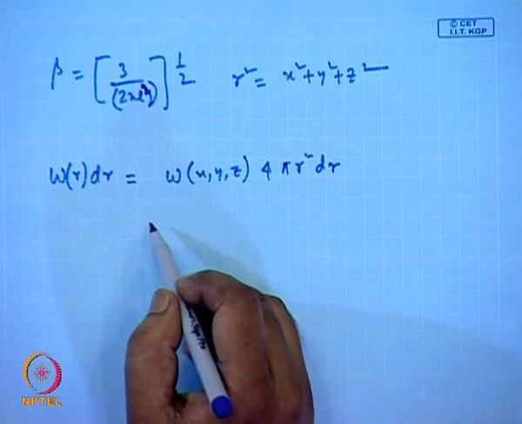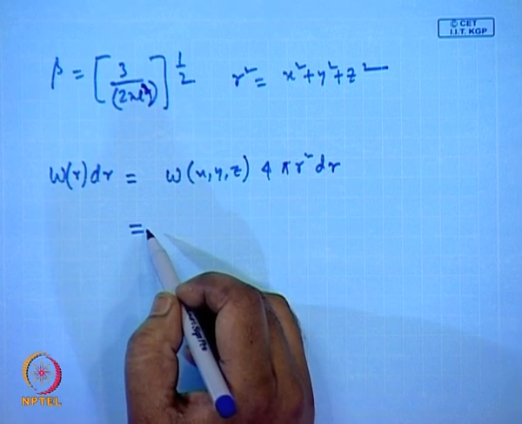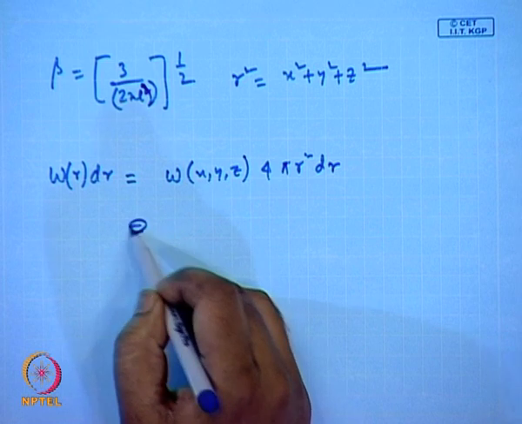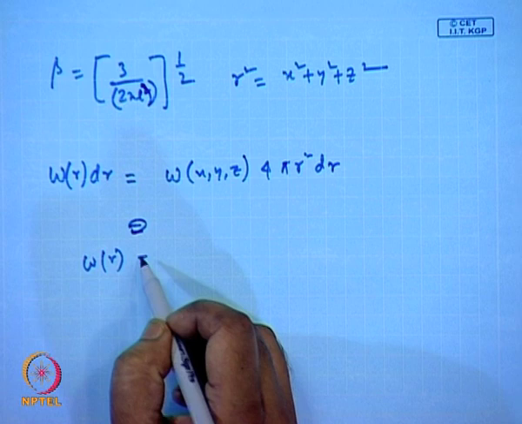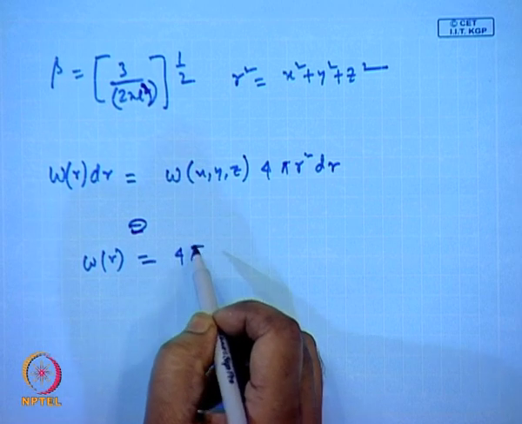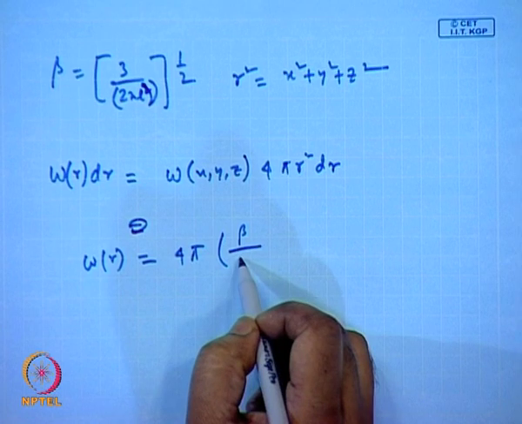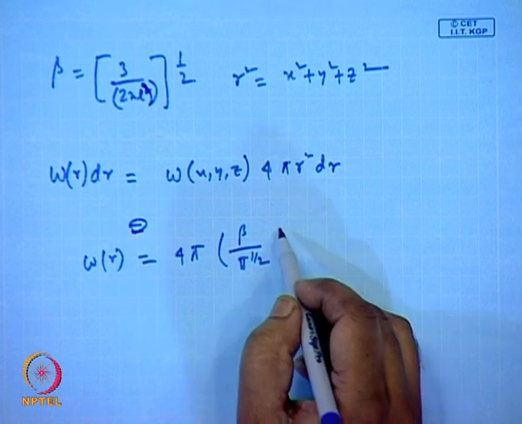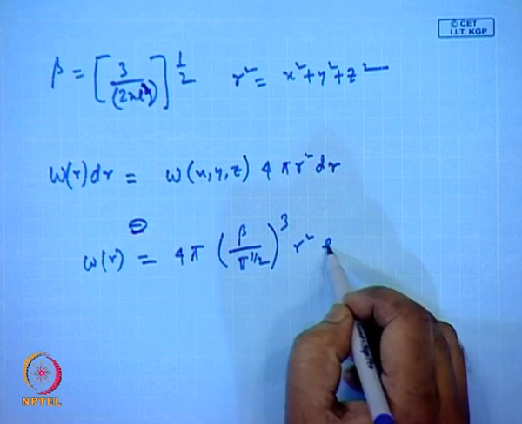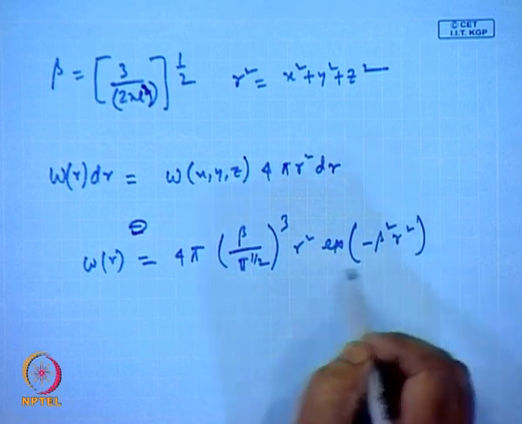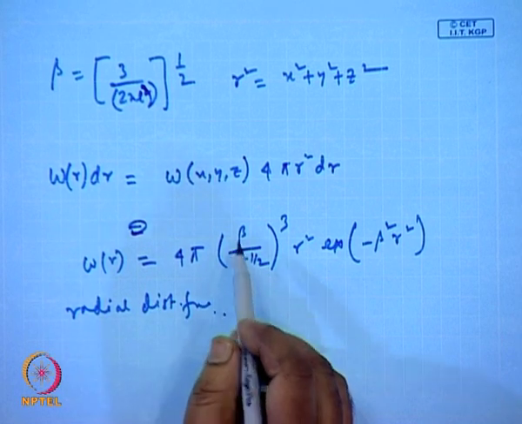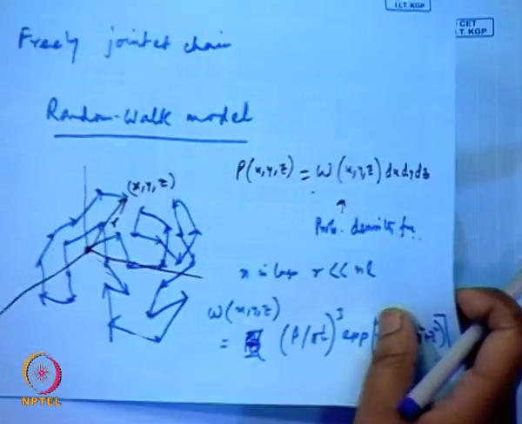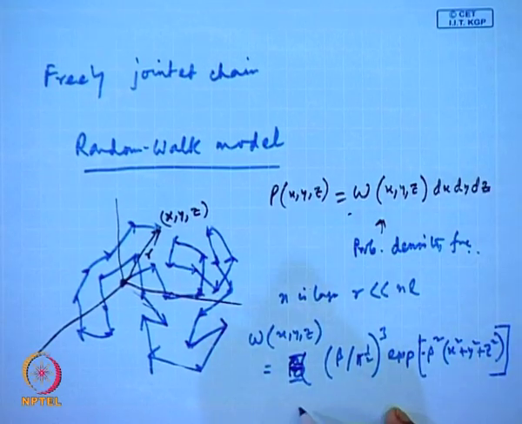And this W(r) is then given by this, the radial distribution function, and the other case it was the Gaussian distribution function.